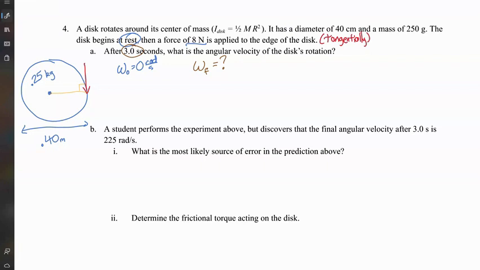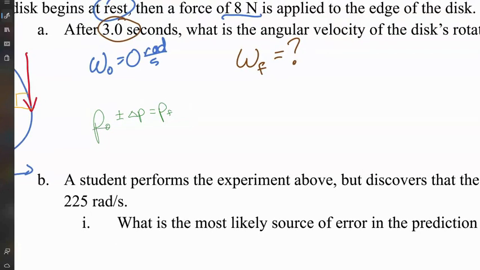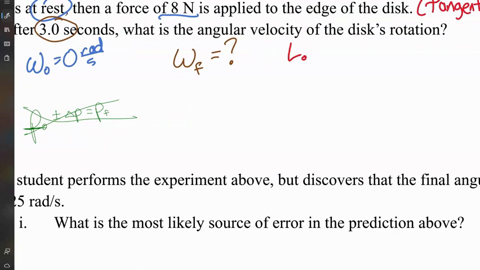That's where I've told you in the past to look at the change in momentum, P naught plus the change in momentum delta P equals P final. In this case our disk isn't moving linearly, so we have to use L instead. L naught plus the change in angular momentum is equal to the final angular momentum.